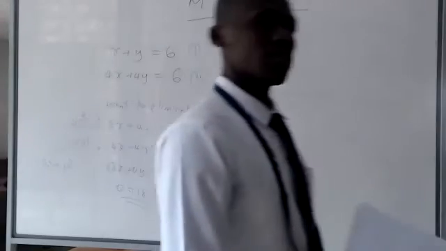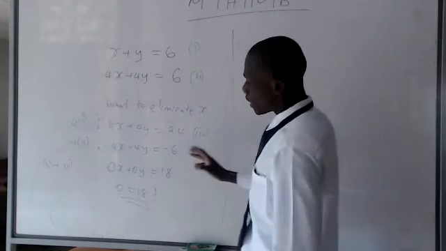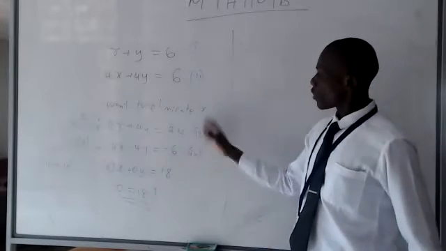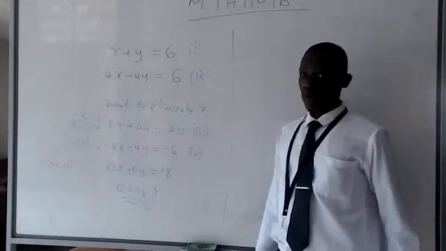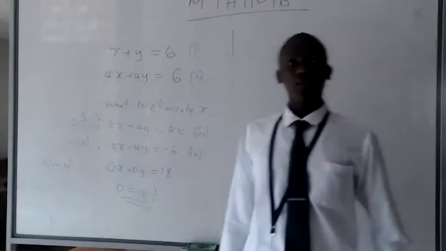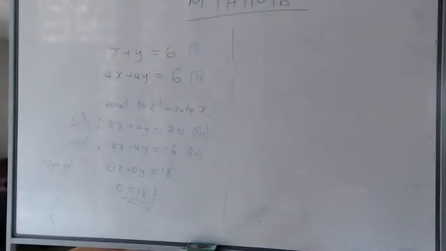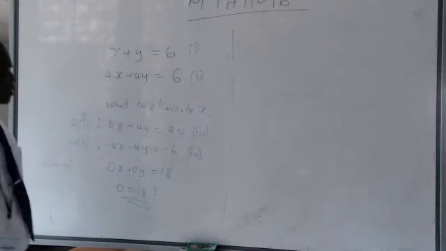What does that mean? What does that tell you about the system? You wanted to eliminate x. We have failed terribly to eliminate x because y has disappeared, and we are getting this statement that 0 is equal to 18. What can you conclude about this system? Our goal was to do away with x.